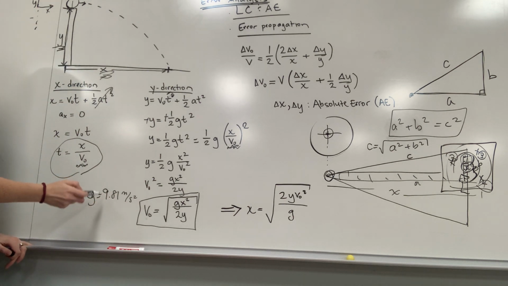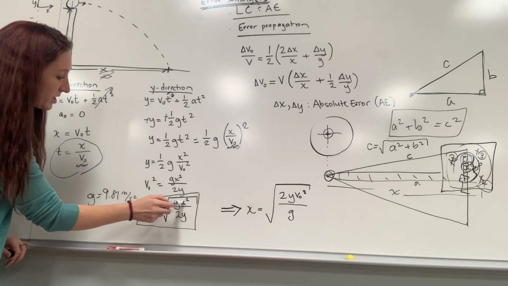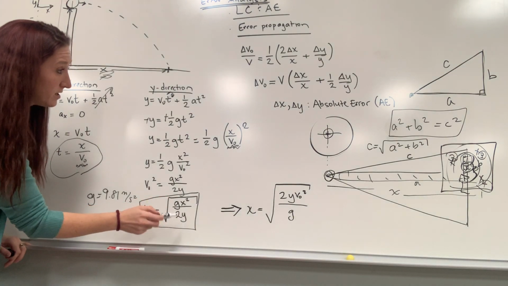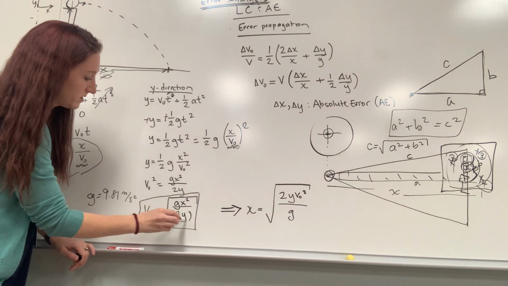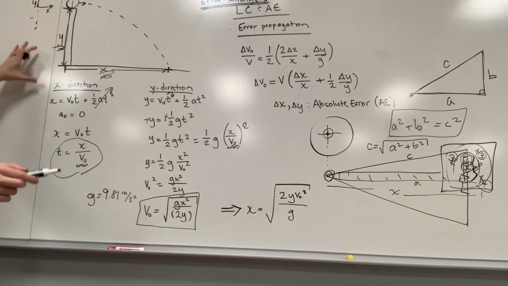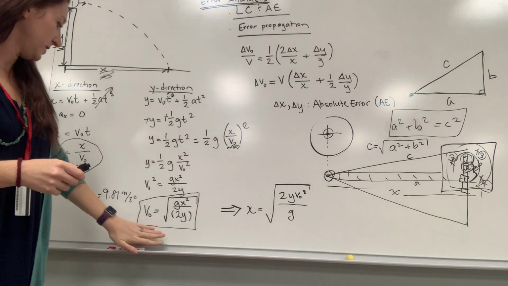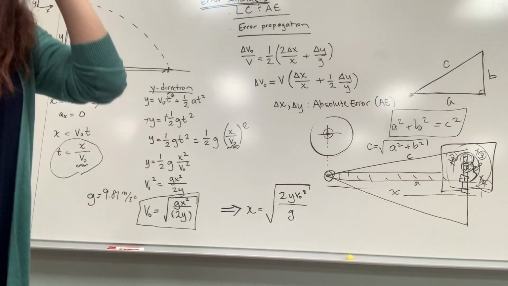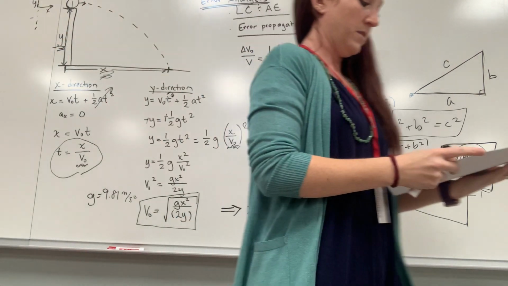So it will always be 9.81 meters per second squared. And then you're just plugging in the distance, your X squared, how far the ball traveled, and you're dividing by 2 times Y, our height of the ball off of the floor. Okay, so this is how we're going to find the initial velocity of the launcher.